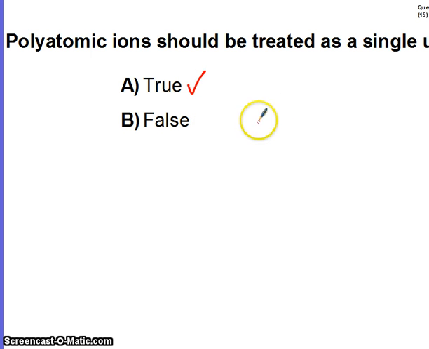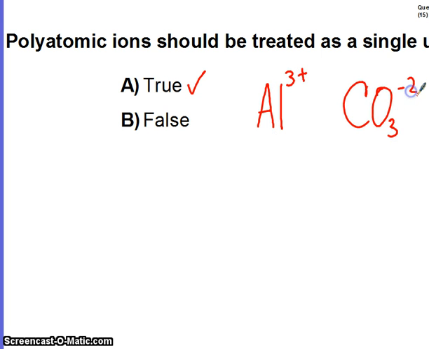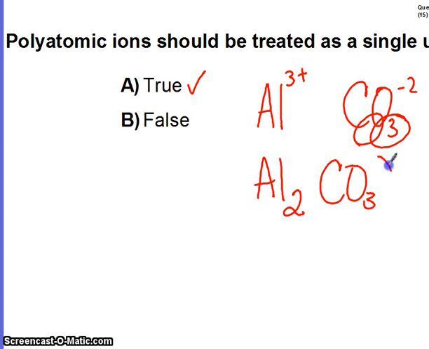For example, when you're doing aluminum and, let's say, carbonate, when you crisscross, you don't change these numbers. You would put it in parentheses. You would do Al2(CO3)3. You would not multiply this out or change this in any way. You just put parentheses around the whole thing. We're pretending it's a single unit.